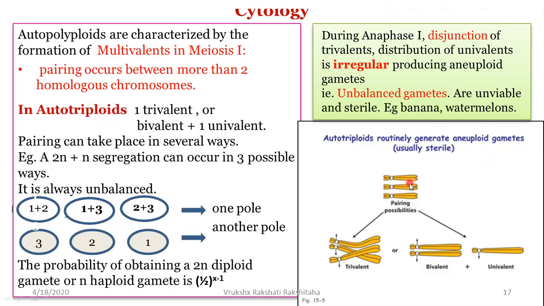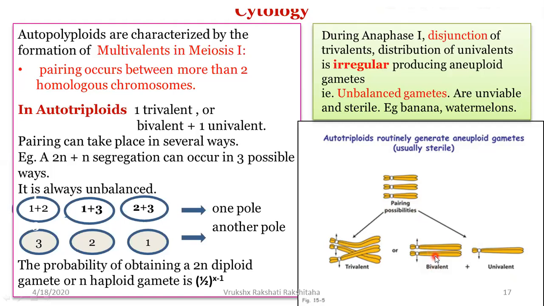Now, what are the pairing possibilities? There are three different pairing possibilities. So you can see all these three chromosomes may align with each other, and that is called a trivalent. Or out of these three chromosomes, only two of them may align with each other. So then a bivalent is formed.